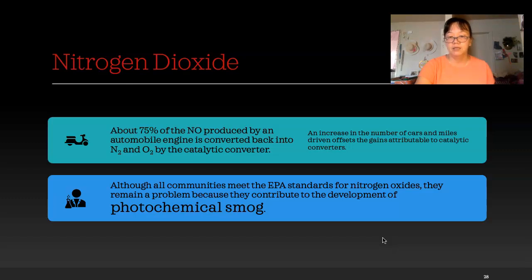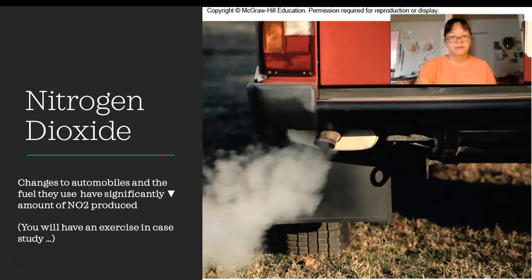I want to point out that although all communities meet the EPA standards for nitrogen oxide, they remain a problem because they contribute to the development of photochemical smog. I put a picture here to attract your attention and let you think about driving cars again. It not only releases greenhouse gases, it also releases a bunch of harmful chemicals.